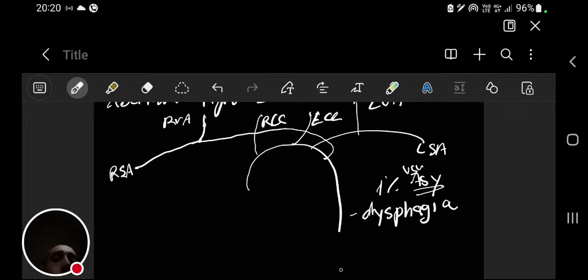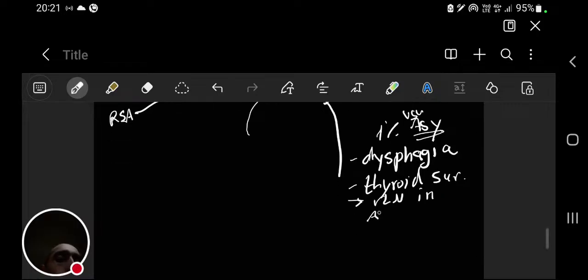Now, it may cause dysphagia. It may also cause problems in thyroid surgery. In thyroid surgery, when there is an aberrant right subclavian artery, the position of the recurrent laryngeal nerve will not be in its usual location. So in this case, the recurrent laryngeal nerve is in an abnormal position.